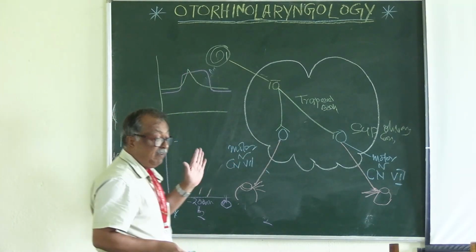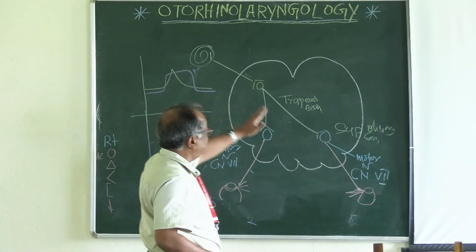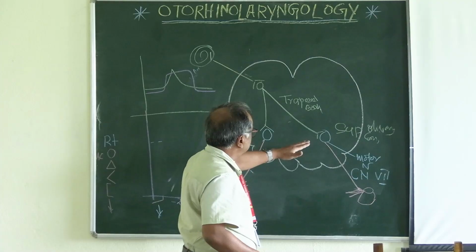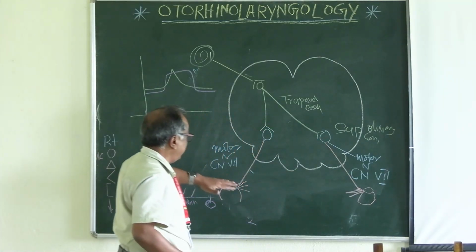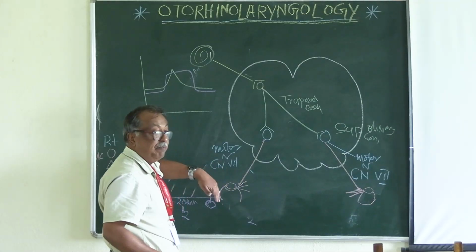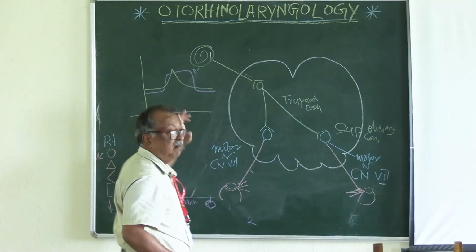That means the stapedial reflex, sometimes it is seen if there is contralateral absence of the stapedial reflex, sometimes both are absent. No reflex curve is there.